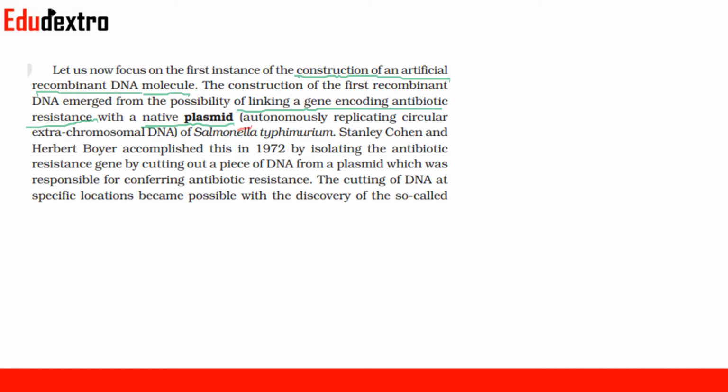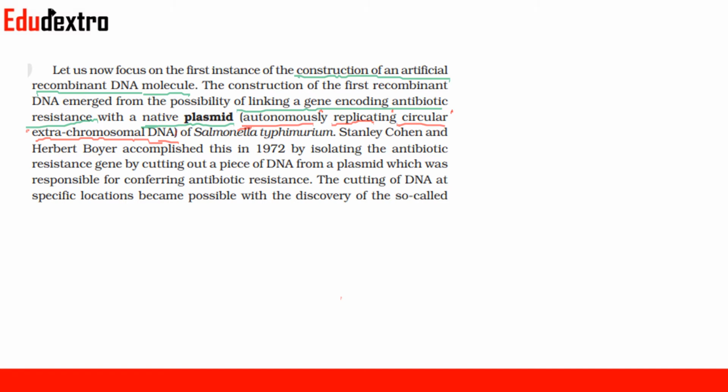It is an autonomously replicating circular extrachromosomal DNA. Autonomously means by itself it can replicate. It is circular. It is extrachromosomal, meaning it is apart from the chromosome. It is a piece of genetic material and it is a DNA.